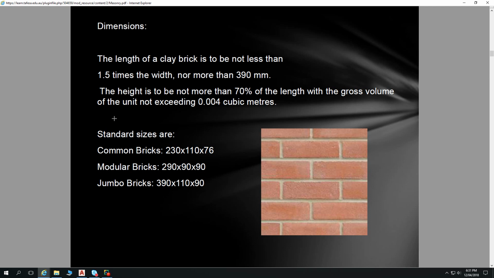Can anybody think why we don't build every single house now with modular bricks? Anyone seen Fiddler on the Roof? A tradition. The whole thing about having bricks that are 230 by 110 by 76, it has a certain aesthetic to it.